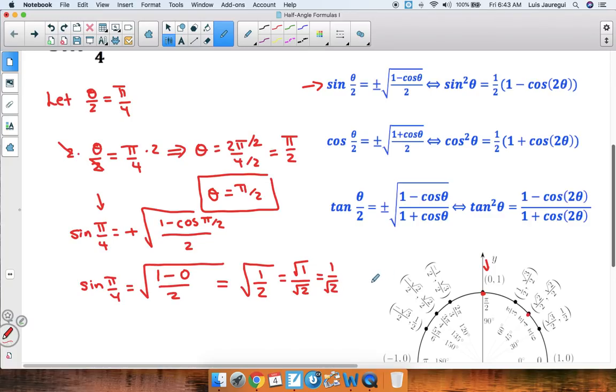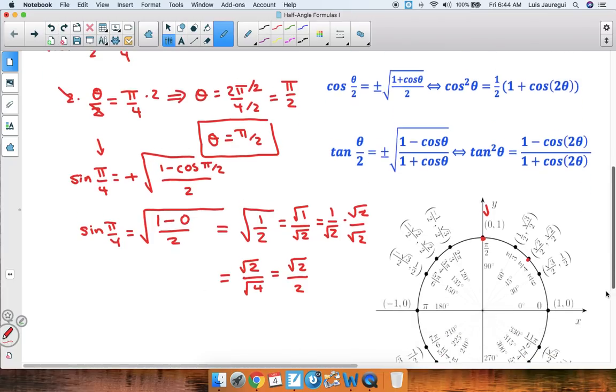How do we do that? We simply multiply by 1 in the form square root of 2 over square root of 2. This becomes 1 times square root of 2, so we get square root of 2, and square root of 2 times square root of 2 becomes the square root of 4, which is 2.